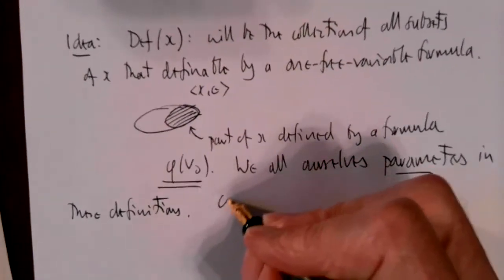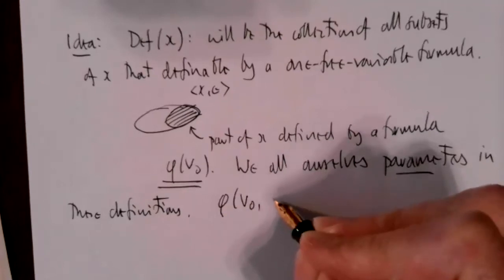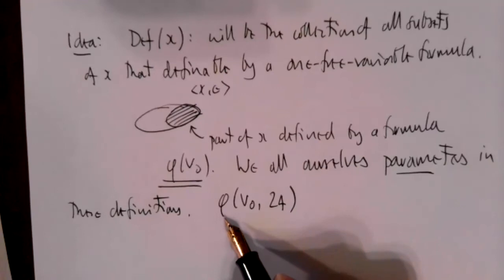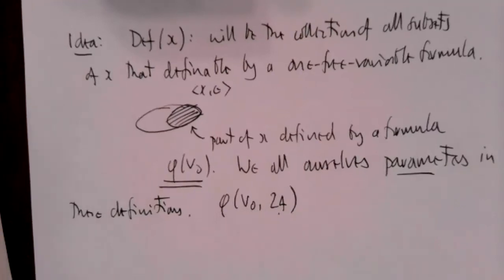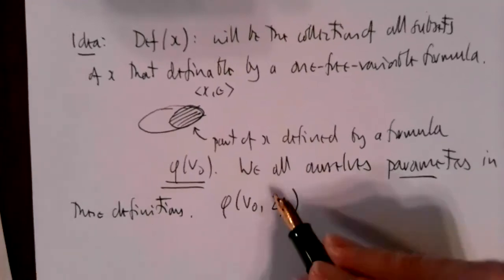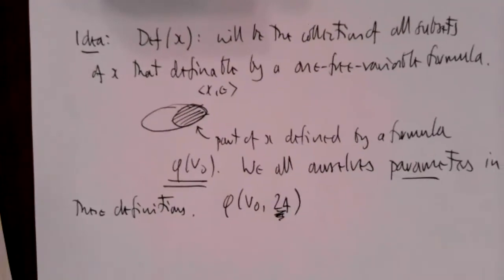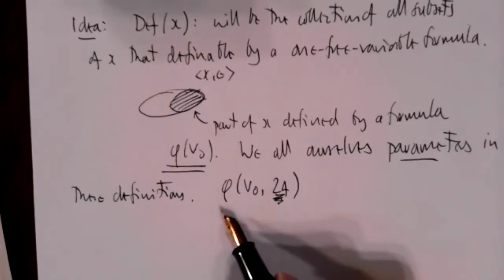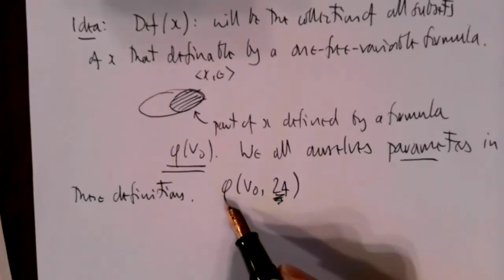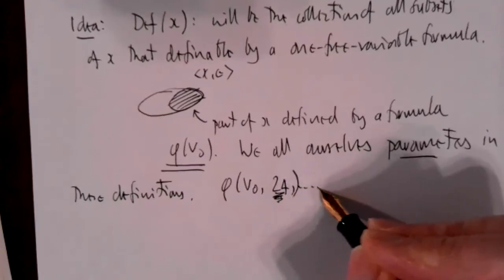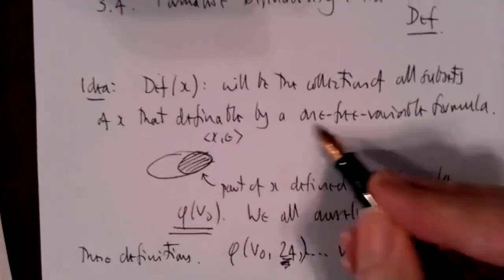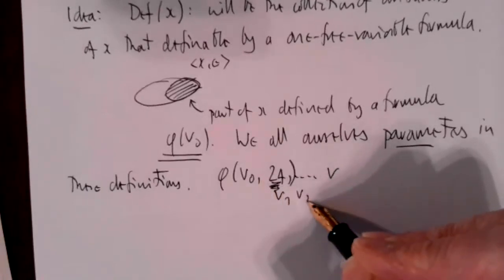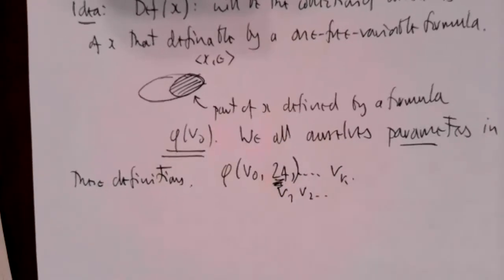So it will be useful to have a formula that can talk about 24. And the formula phi now would say any even number bigger than this. So it's useful to have 24 as a parameter in that definition. And we'll allow that to happen. We'll think about formulae where it's got more than one free variable in. The thing is, we'll fill up the other free variables with parameters.